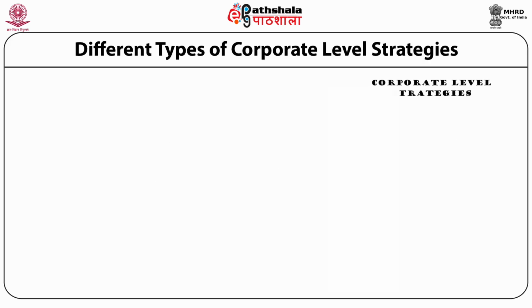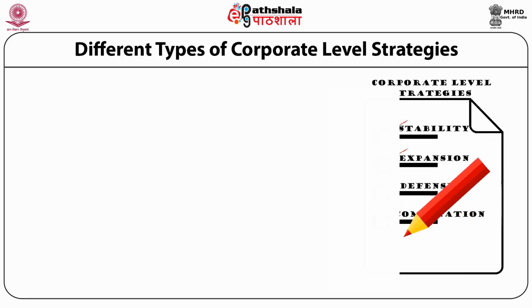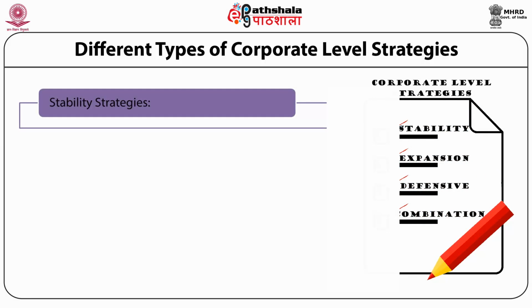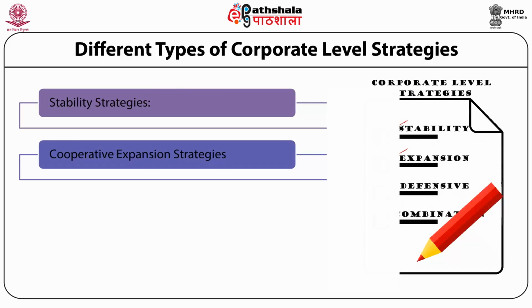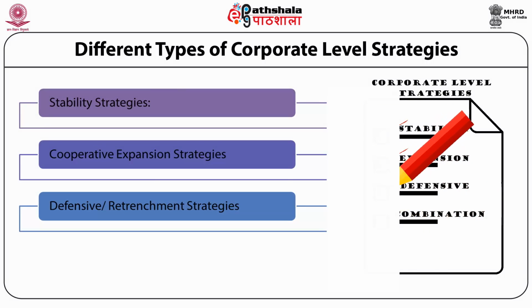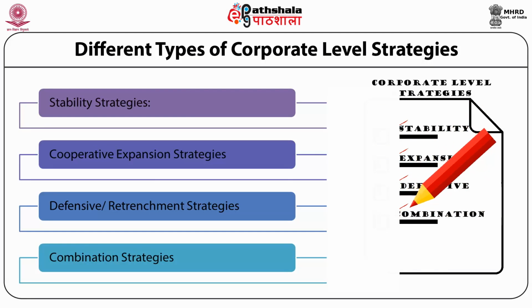As mentioned earlier, different types of corporate level strategies in a business organization would include stability strategies, cooperative expansion strategies, defensive retrenchment strategies, or combination strategies.